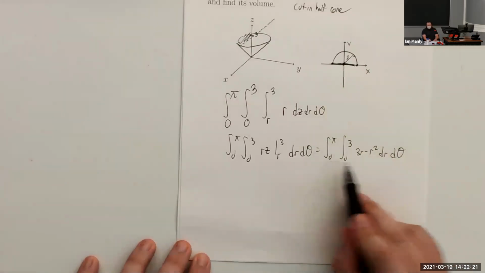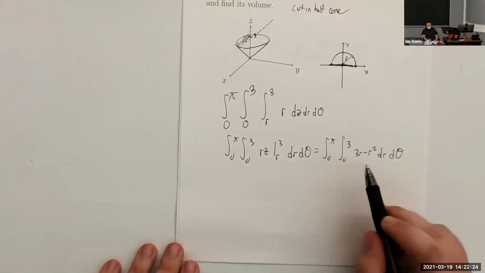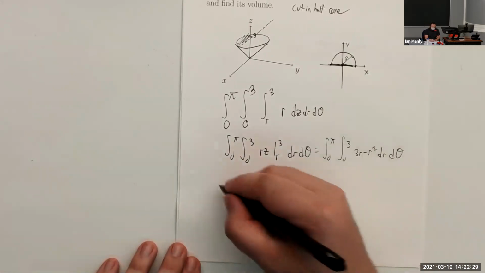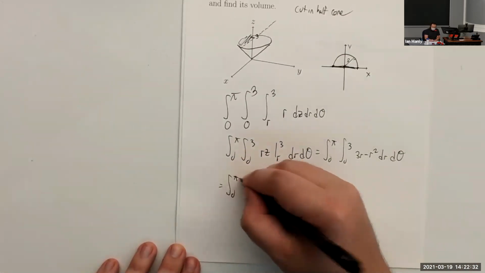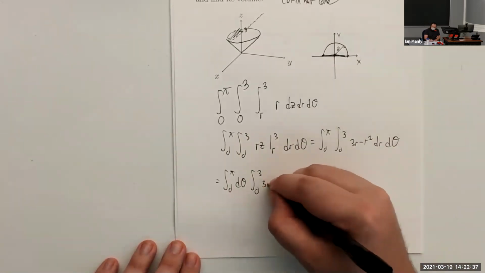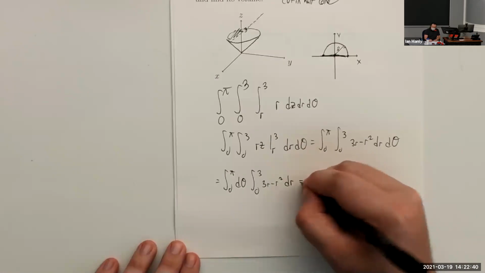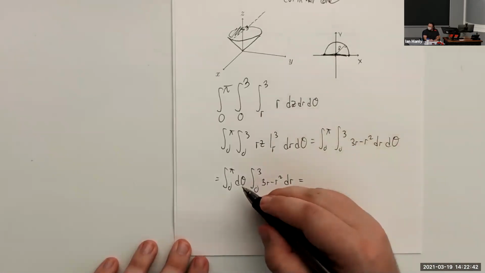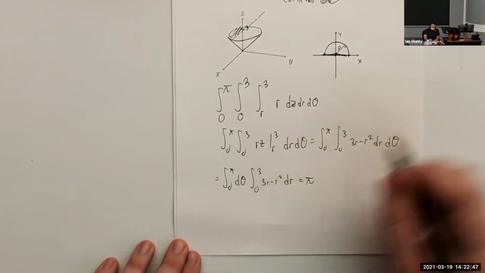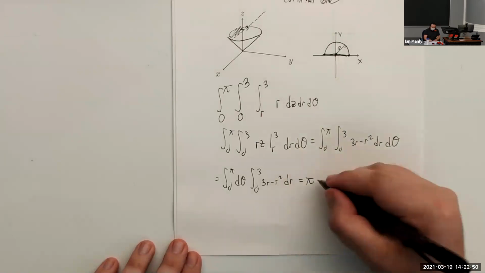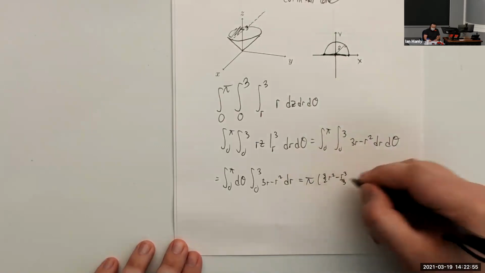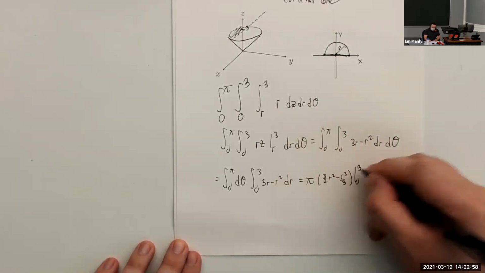Okay, actually, now that our integral doesn't have any variable bounds anymore, we can go ahead and just do this with the multiplication trick. So this is the same thing as the integral from 0 to pi of d theta times the integral from 0 to 3 of 3r minus r squared. Well, this will give us our pi right here. And then this will give us 3/2 r squared minus r cubed over 3. That will be from 0 to 3.